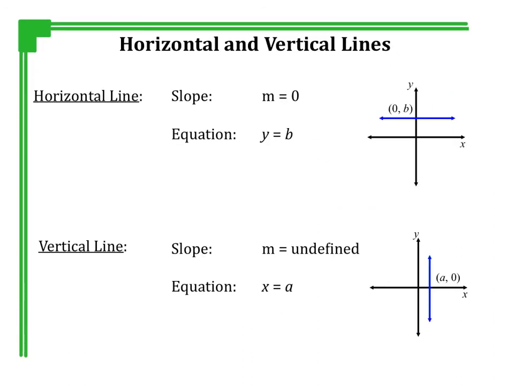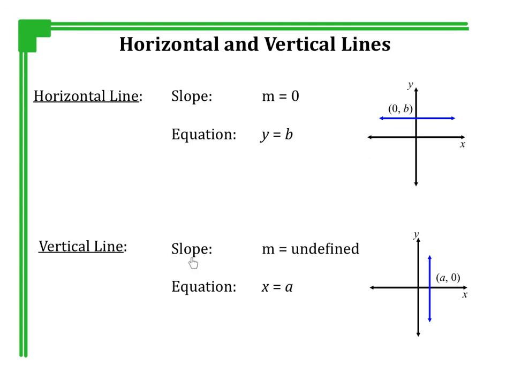So I just wanted to show you a summary of those two special cases, horizontal lines and vertical lines. If a line is horizontal, we know that its slope is equal to 0, okay? And so when we try to do y equals mx plus b, it will simplify down to just y equals b, where b is the y-intercept of the line. The other special case, vertical lines.